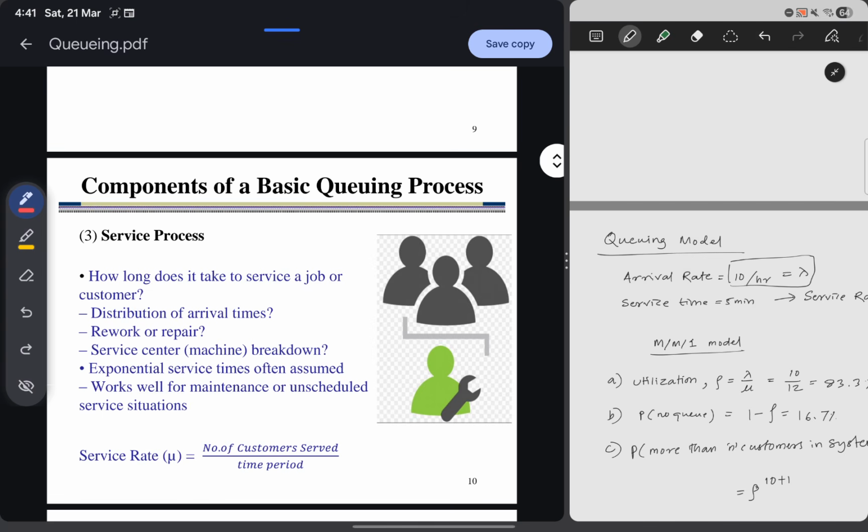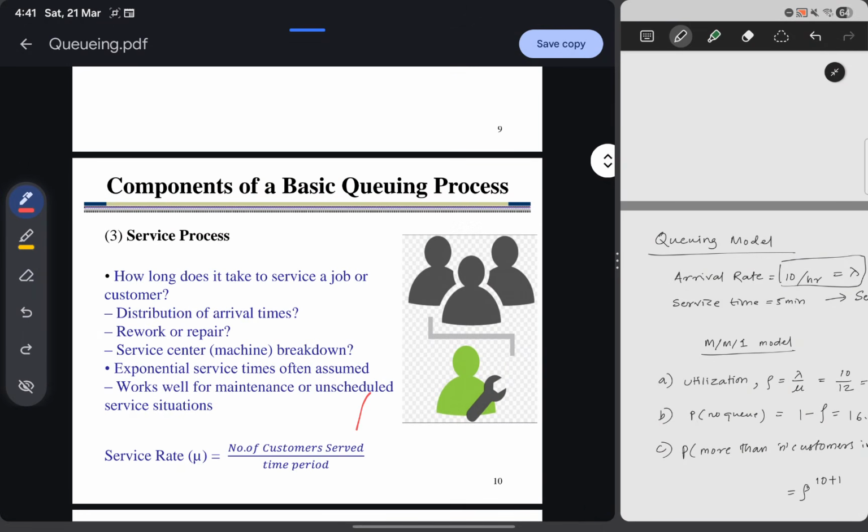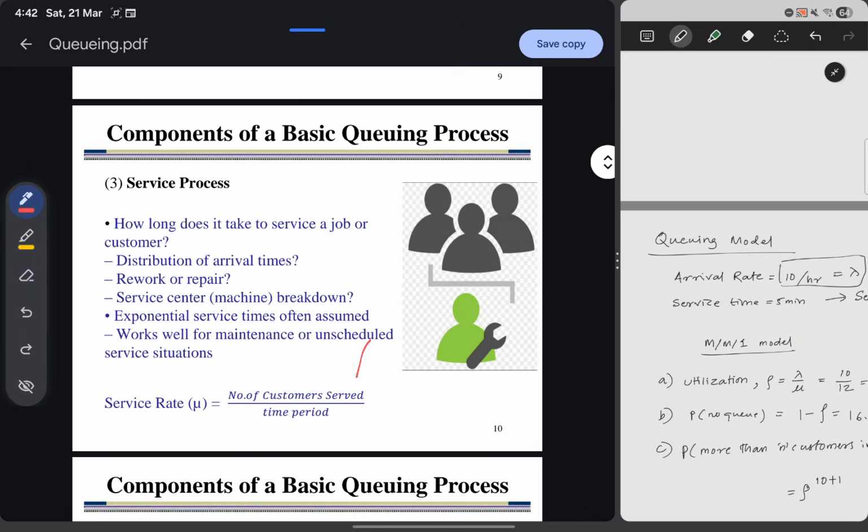Then we come to the service process, the way they are getting serviced. Here comes the service rate. Service rate is basically the number of customers getting served. Imagine you go to SBI and there are four kiosks or four different people sitting there.